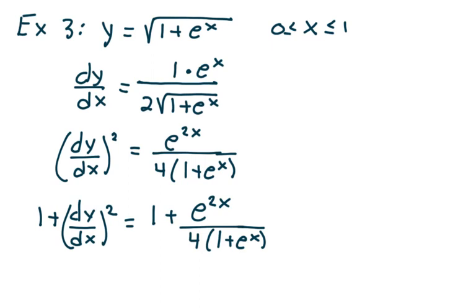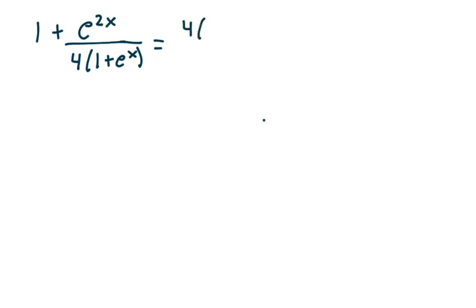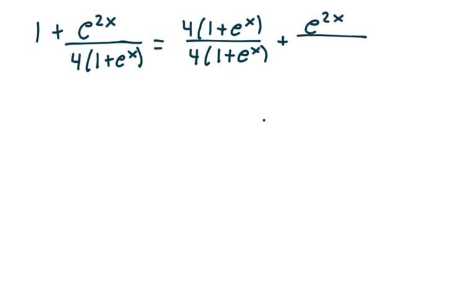So I'm just going to get a common denominator. 1 is 4 times 1 plus e to the x over 4 times 1 plus e to the x, plus e to the 2x divided by 4 times 1 plus e to the x.